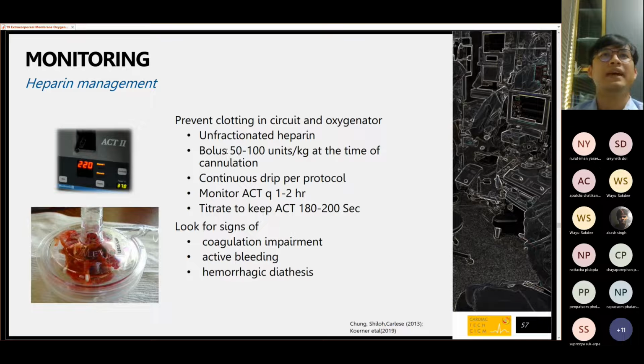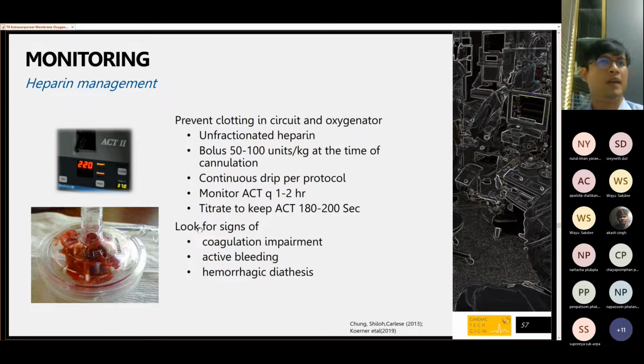The patient is given a bolus of heparin at the dose shown here at the time of cannulation, and after that continues as a drip per protocol to maintain ACT, monitored every hour or every 2 hours.